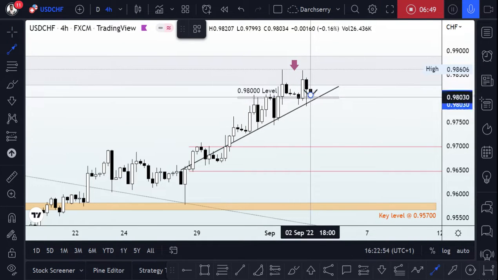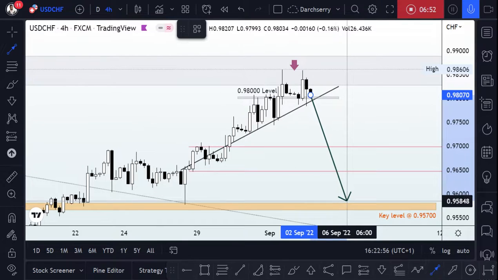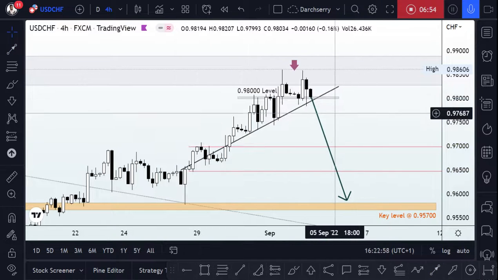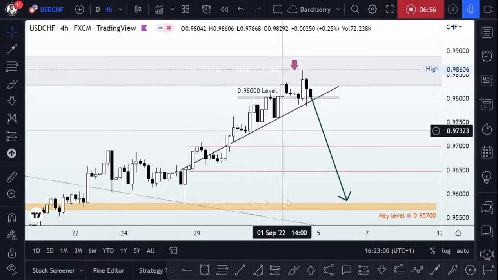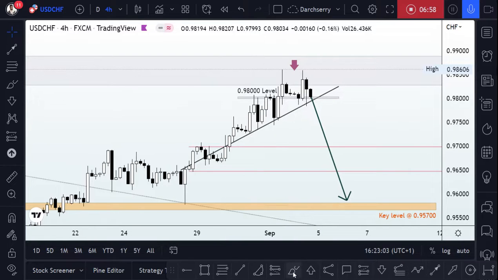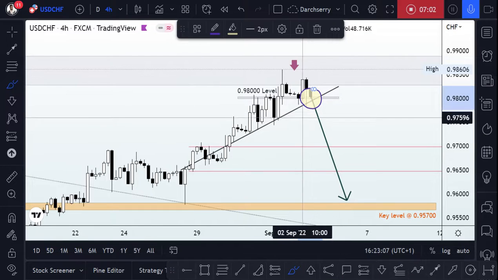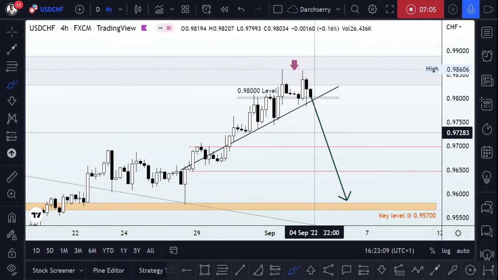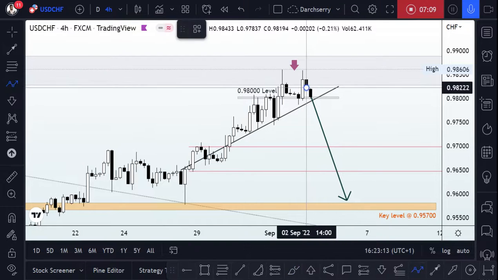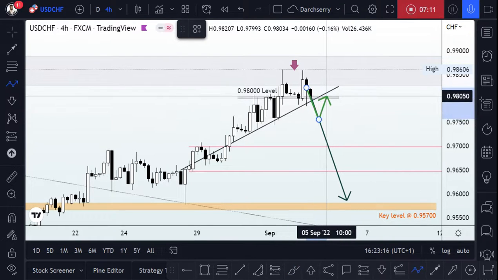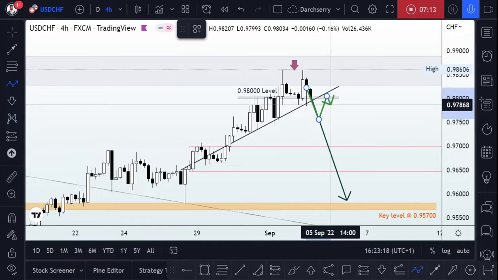So going into the new week, what I'm looking forward to is if I see a breakdown of this bullish trend line here, which also shares a confluence with the 0.9800 level, which I identified here, then I want to be looking forward to taking advantage of a bearish momentum after a confirmation, probably a retest on a lower time frame or a reversal pattern here.